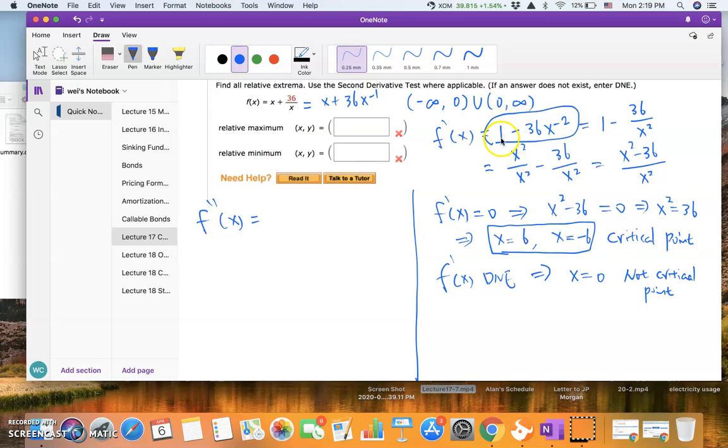The derivative of 1 is 0, and the derivative of the second piece is negative 2 times 36 to the power of negative 3. So the second derivative is 72 times x to the power of negative 3.